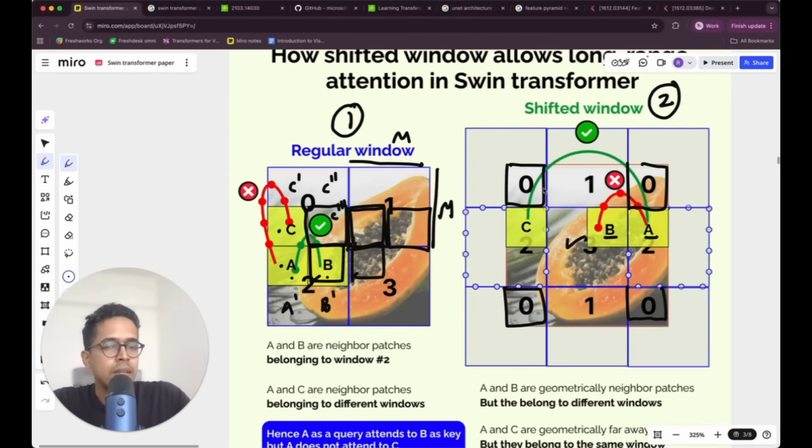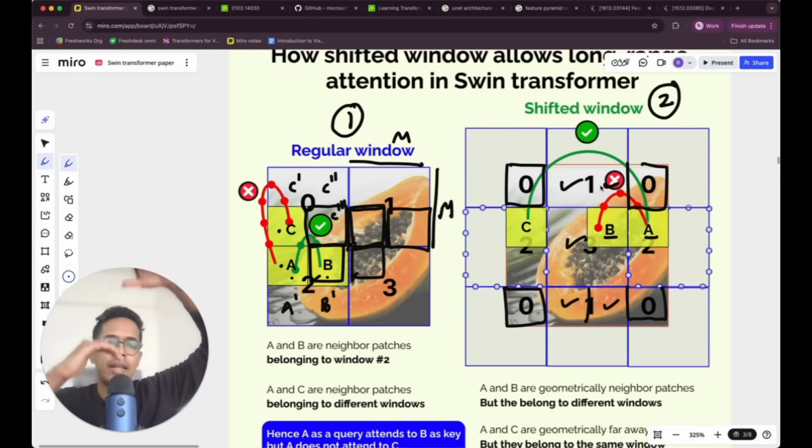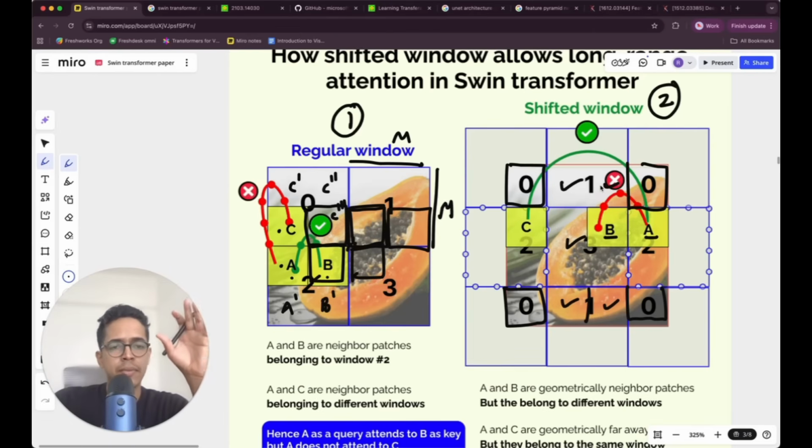These 4 patches in the corner, which were farthest away in the regular window, are now in the same window in the shifted window. Same window meaning same window ID number 0. Similarly, these 2 patches in window number 1 and these 2 patches in window number 2 were again vertically far away, but now they are paying attention to each other because their window ID is the same. So this is basically what shifted window does.